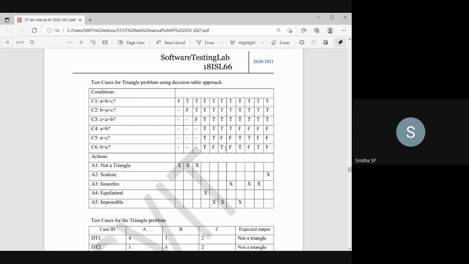A equals B and B equals C, then A should equal C, right? But here they have made it a false entry, which means it is not satisfying. You can't have such entries. If you are entering the three sides and two sides are equal, then the third side you are not supposed to give such inputs. That's why it is an impossible action.